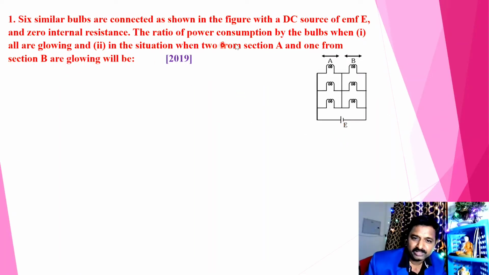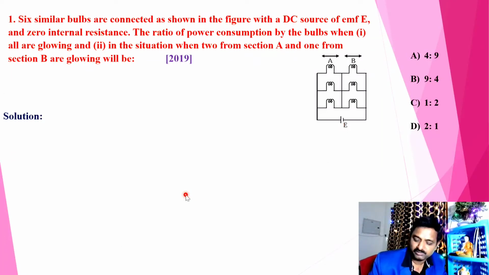The ratio of power consumption by the bulbs when, first, all are glowing, and second, in the situation when two from section A and one from section B are glowing, will be. It was given in 2019. Options: A 4:9, B 9:4, C 1:2, D 2:1.